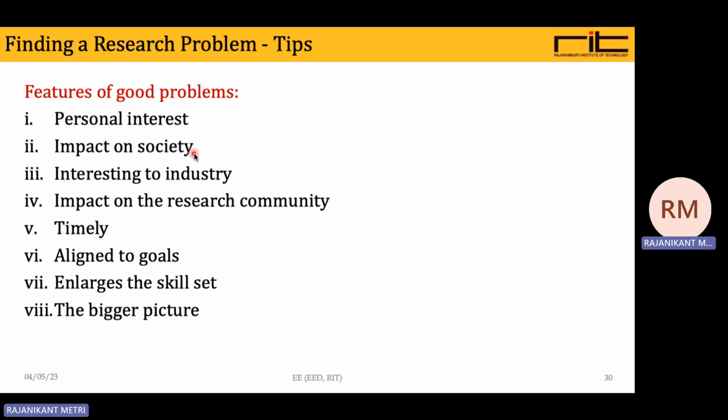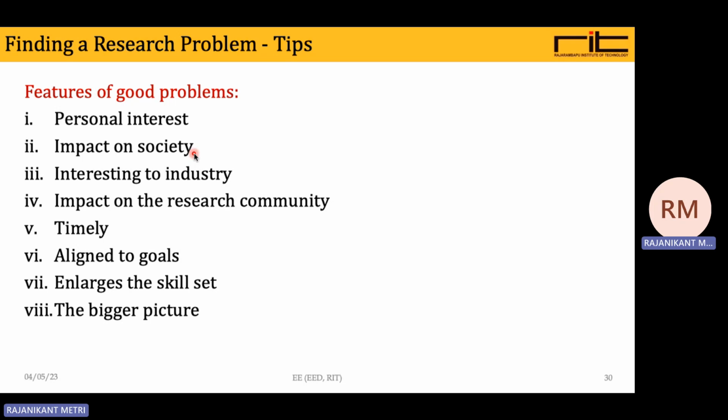For example, integrating renewables into a smart grid to reduce carbon emission, or automatic route guidance to avoid road congestion. So, whether that research problem is having some impact on society or not.